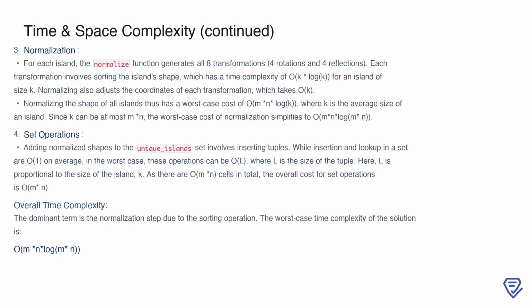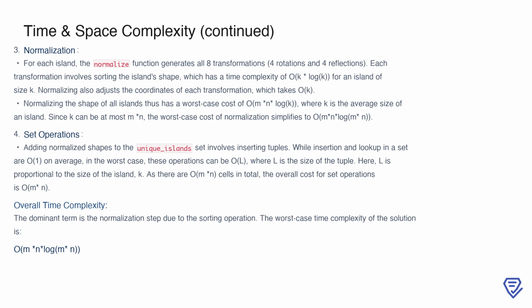Next, we have the normalization step, which processes the shape of each island to ensure uniqueness under rotations and reflections. For each island, the normalize function generates 8 transformations, 4 rotations and 4 reflections. Sorting the shape of the island during this process takes k*log k time, where k represents the number of cells in the island.